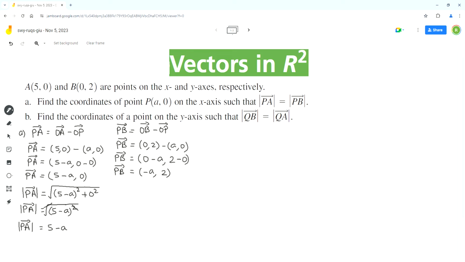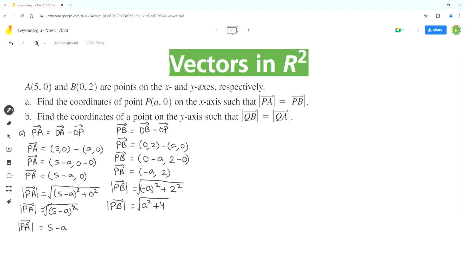Now we can find the magnitude of PB. So we square the components, add them, and put the sum under the square root. So this is the expression for the magnitude of vector PB.